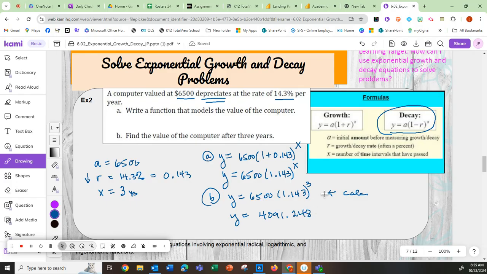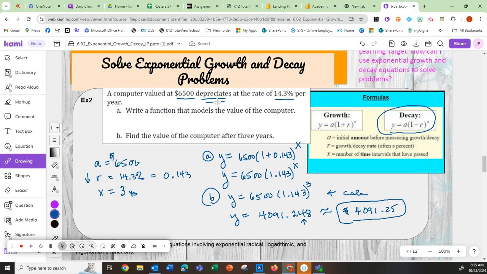And since this is money, then we know to round to the penny, which is the hundredths. So this would be saying that the computer after 3 years, because it's depreciating, would be worth $4,091.25.